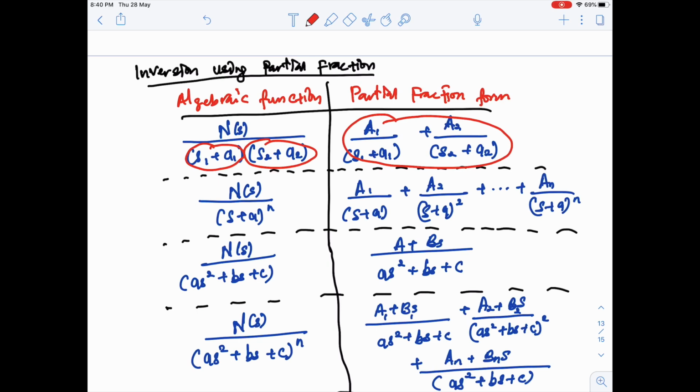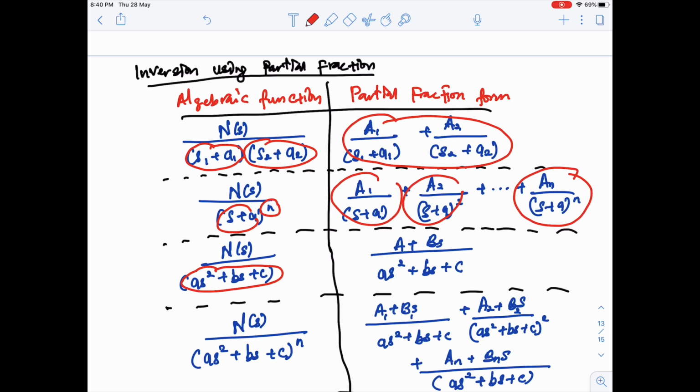So we call this one a linear factor, and then the partial fraction form is for this one. If you have a linear factor but it's repeated, meaning it has an nth power, the partial fraction form continues until the end. The third one is an irreducible quadratic factor, which means the denominator cannot be reduced into separate factors, just like previously.